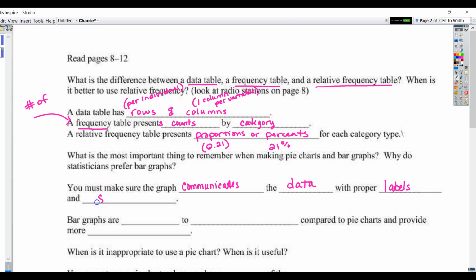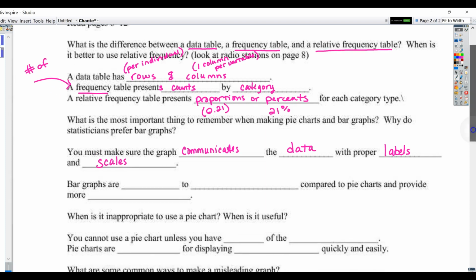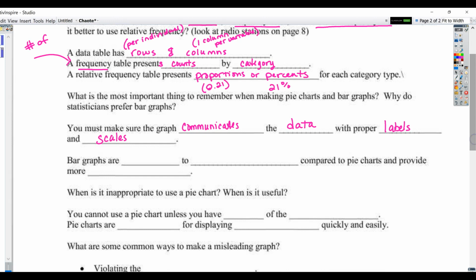You should always plot data that you're given and show labels for each the x and the y axes, as that's what you're doing. And then of course you want to have appropriate scales where you can communicate what the data looks like with the graph.